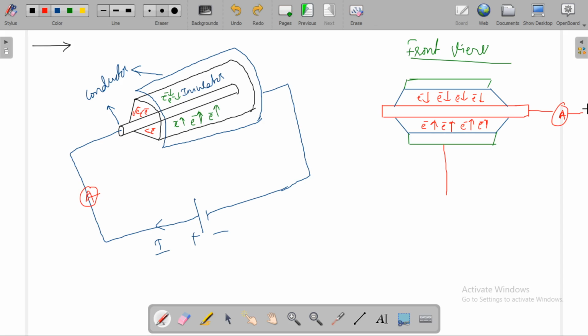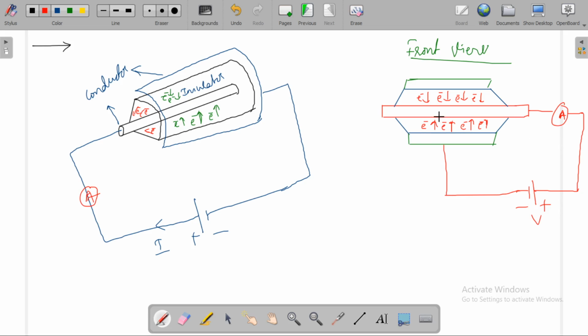Let me connect ammeter in series with this to find the current flowing in the circuit. Let V be the applied voltage to this circuit. You can also use voltmeter to know the applied voltage.